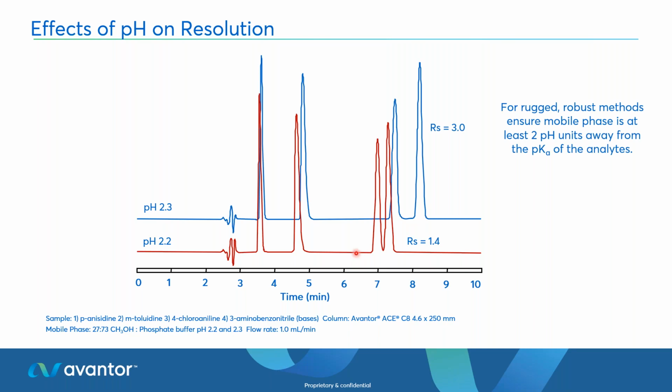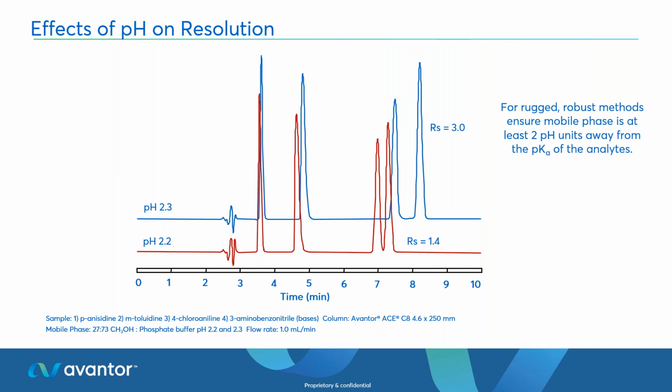So it probably means I'm working near the pKa of one of these analytes. I'm working on one of those knife edges within the resolution map, and even a small error, if your pH meter isn't fully calibrated, or if it's within experimental error, which is often the case in labs, to have that 0.1 pH unit difference, and I've completely failed my system suitability because I haven't got the right pH.